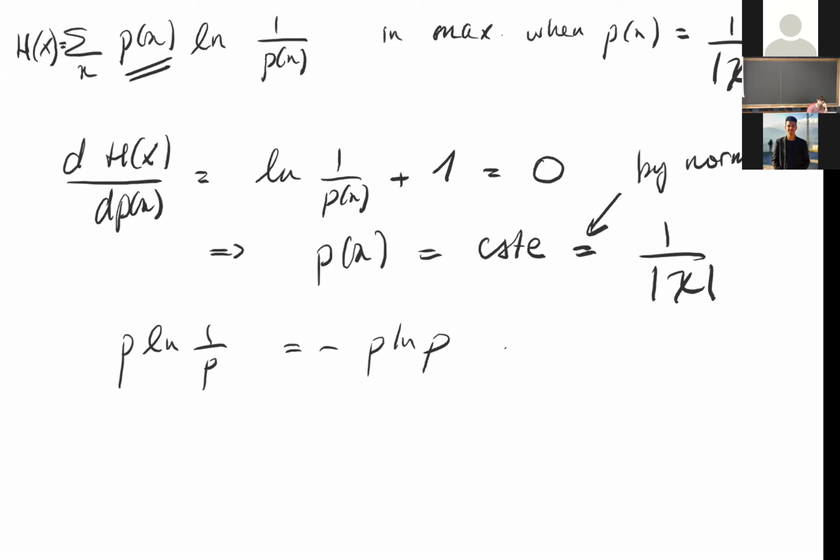You take the second derivative and then check the sign. But here actually you can see directly that the log is concave, and times the linear doesn't change the concavity. So this is concave with a minus, it's convex. So this is convex in p.